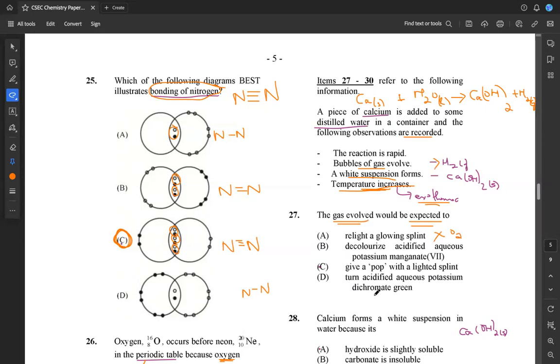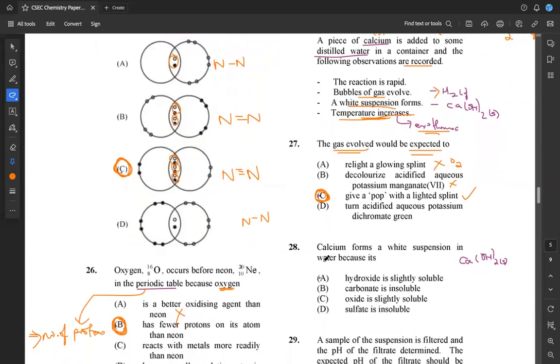Does hydrogen decolorize acidified potassium permanganate? No. Does it give a pop with a lighted splint? Yes, that's true. So our answer is C here, okay? So what is true about hydrogen? What would hydrogen gas do? It would give a pop with a lighted splint, okay? So our answer for 27 is C. So moving along to 28 now.